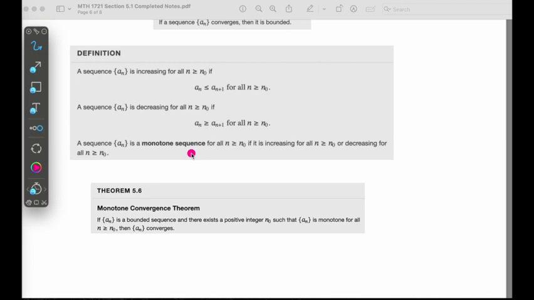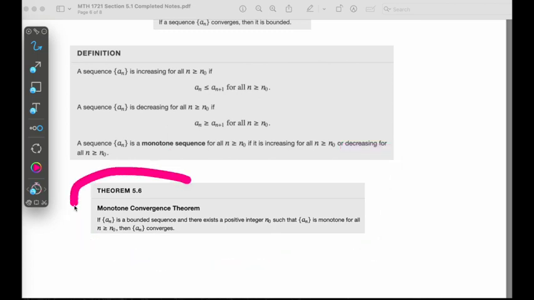That's a monotone increasing sequence. The same idea holds true for monotone decreasing: each subsequent term, as n gets bigger, is going to be either equal or smaller than the one before. And if it says strictly monotone, then it's only going to be increasing or decreasing. The terms aren't going to be the same.